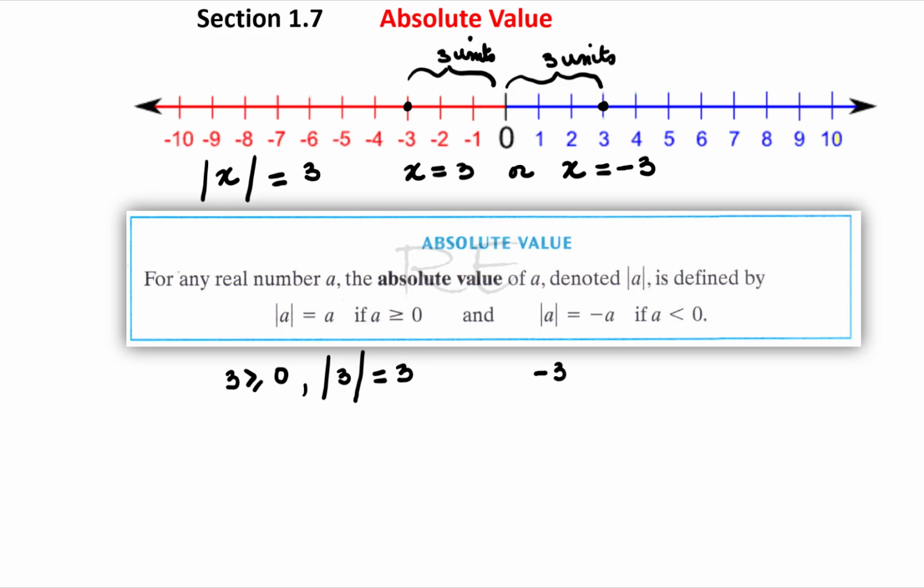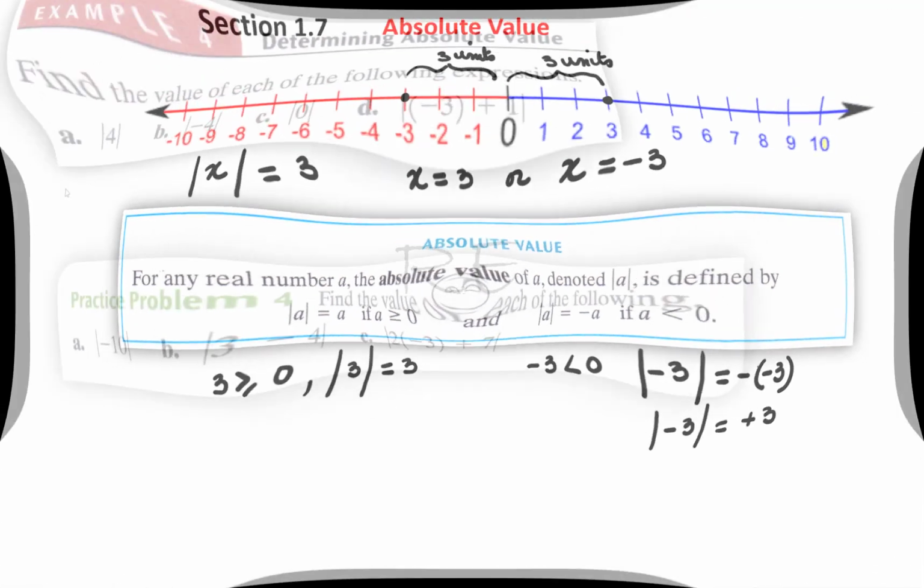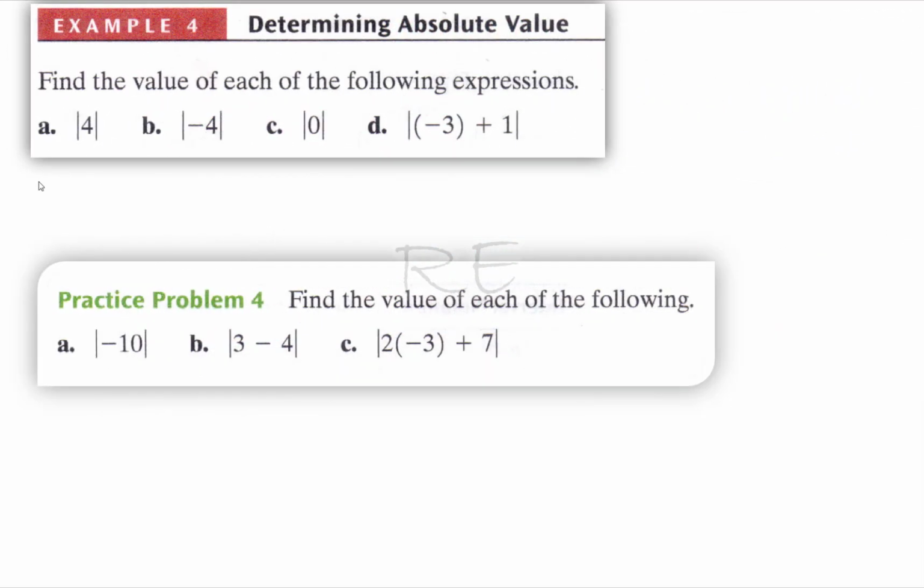For example, 3 is positive, the absolute value of 3 is equal to 3. -3 is negative, the absolute value of -3 is equal to minus -3, which is positive 3. So the absolute value is always positive because it represents the distance from the origin.